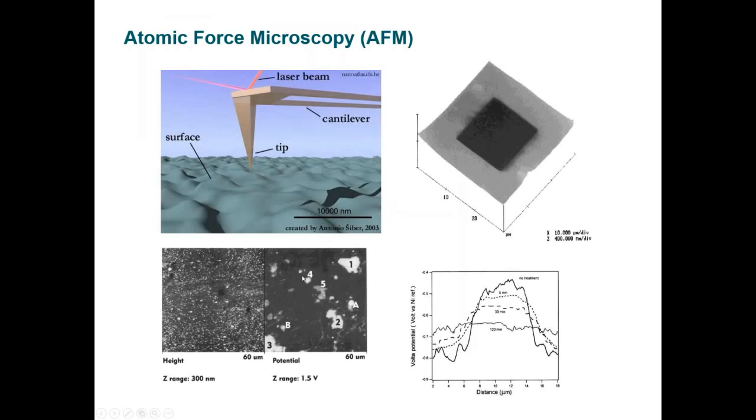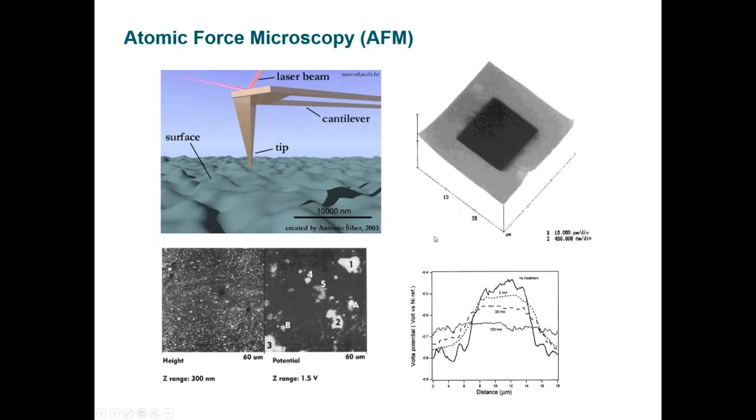But for the most part, the easiest way to use AFM is to visualize or classify the size of the grain on a metal or the distribution of corrodent species on a surface. And we, again, routinely use AFM for corrosion analysis.